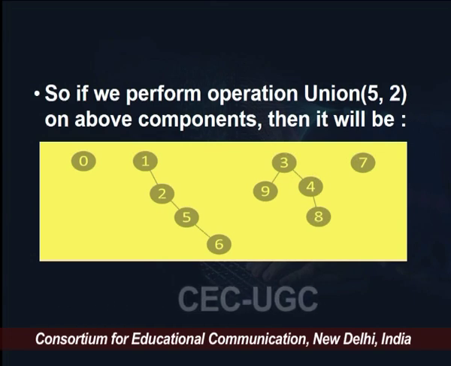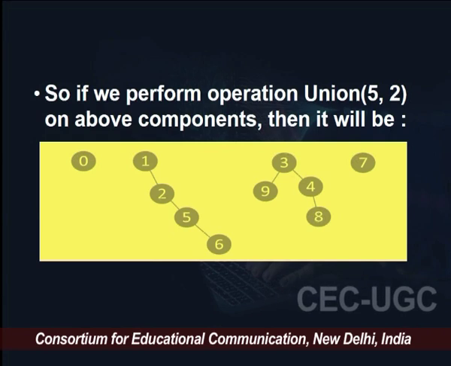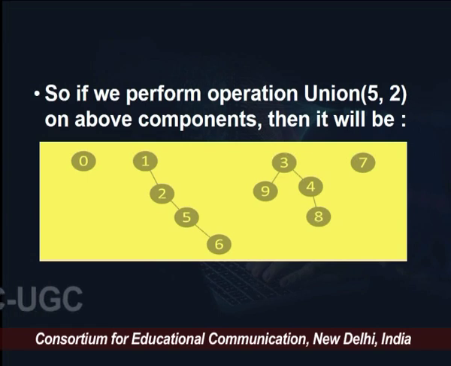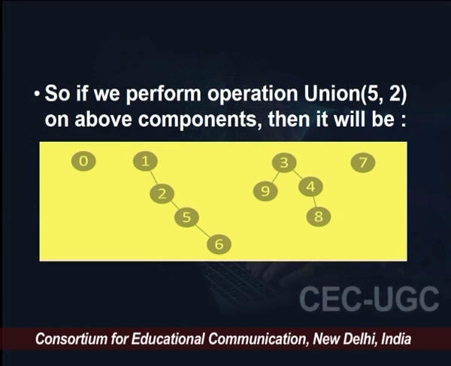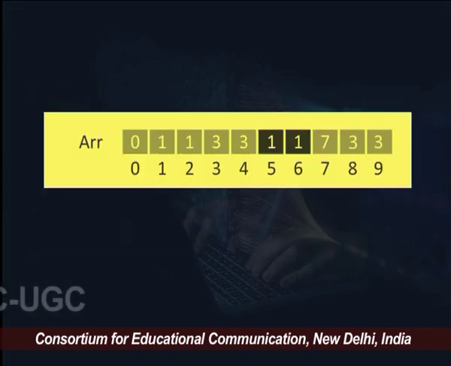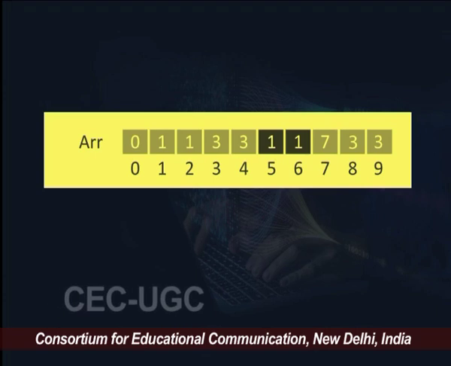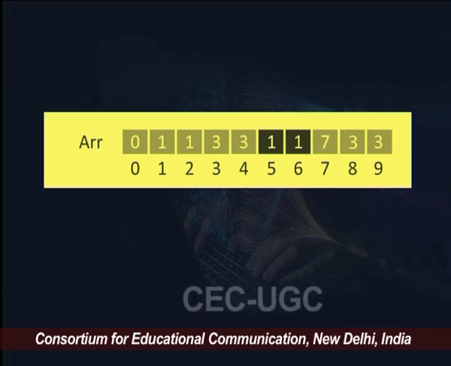So, now instead of 5, because we have performed one more union, we now have 4 subsets. So, we have seen various operations, and this is the final status of the array in which your components are connected.